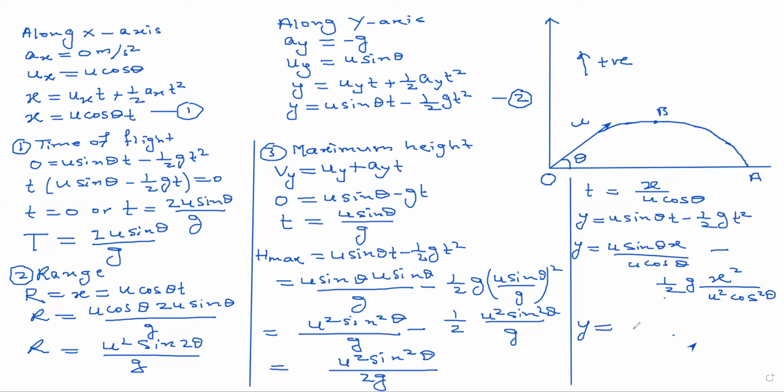Sine theta by cos theta is tan theta. So we have X tan theta minus G by 2 U square cos square theta and X square. So this is the equation of the path of the projectile.